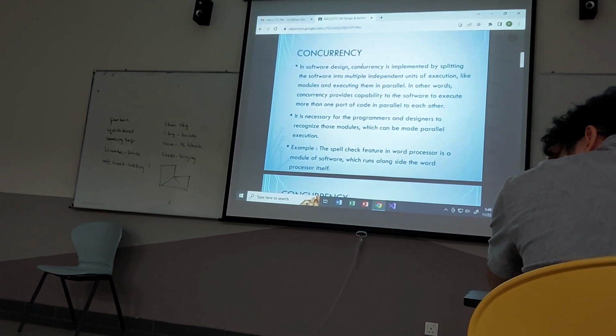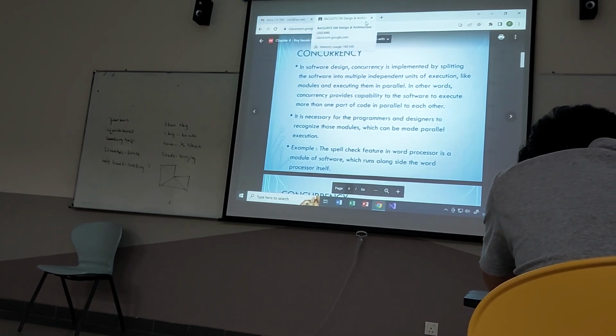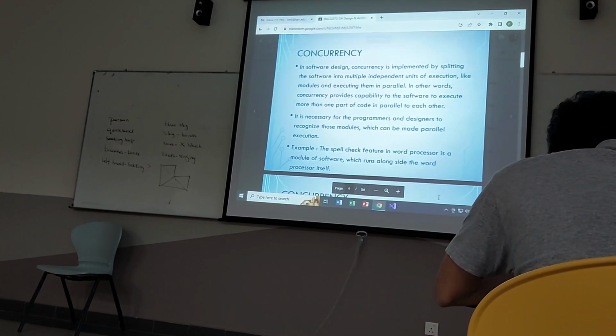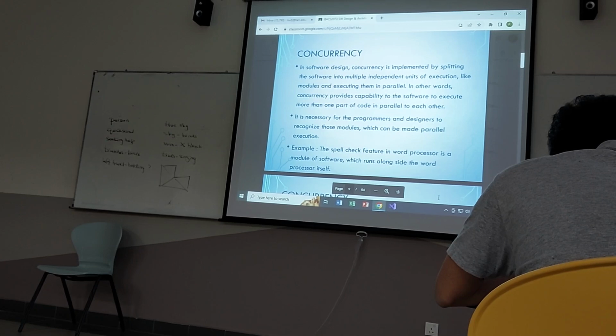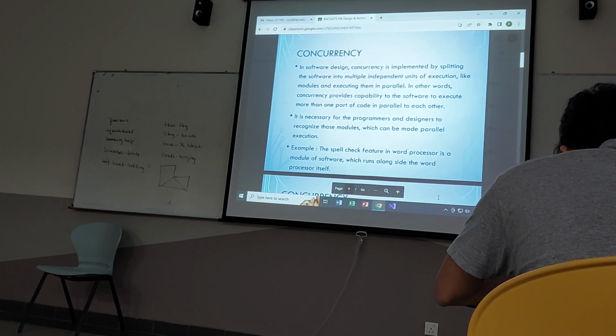Okay, continue. So normally in software design, for concurrency we try to split those functions which run concurrently into different independent modules, units, components or functions. Understand?